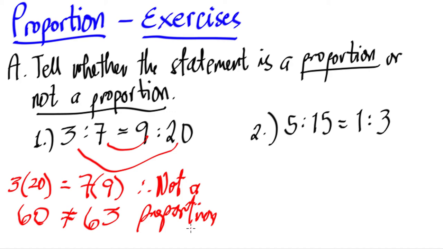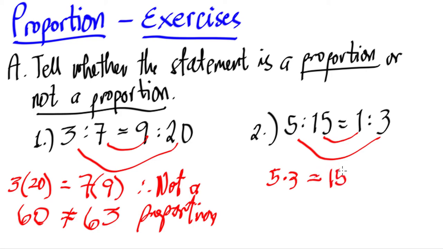Okay, so let's proceed now to number 2. We have 5 is to 15 equals 1 is to 3. Again, the product of the means is equal to the product of the extremes. Let's do what we did here. First the extremes, 5 times 3. Like I said, we could use the raised dot if you want. 5 times 3 equals 15 times 1.